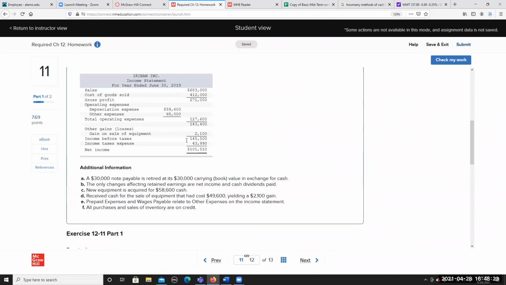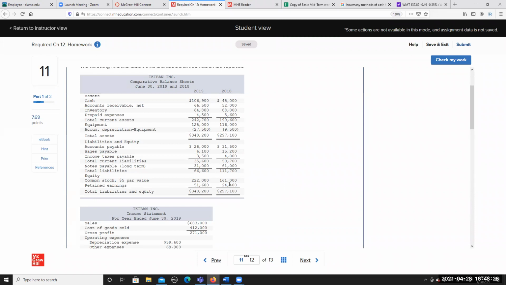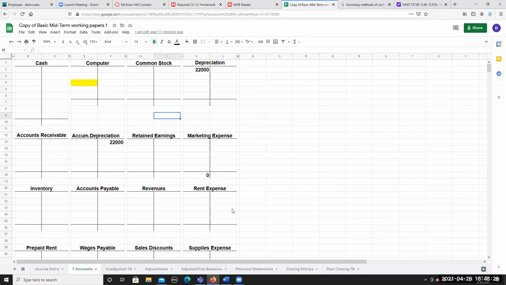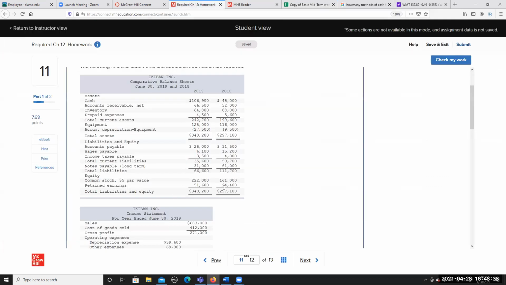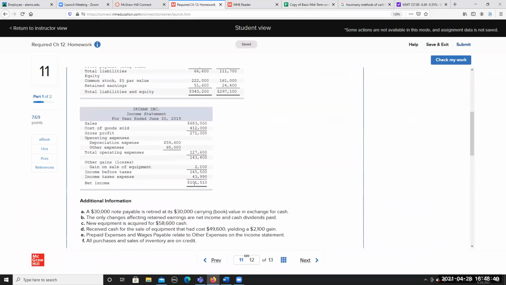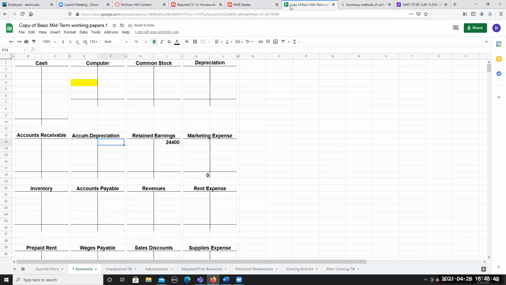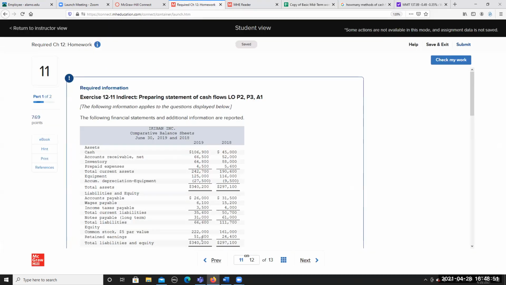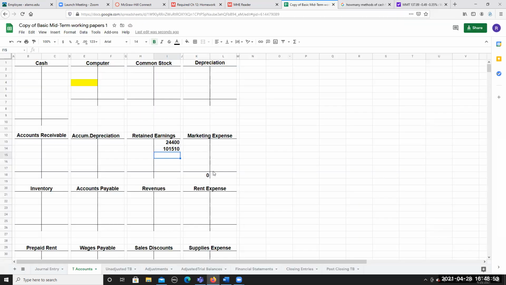What was the beginning retained earnings? 24.4. Okay. Now, 24.4. And how much did it go up by? Net income, 101,510. Now, in this case, we're told that the ending retained earnings is 51.6.